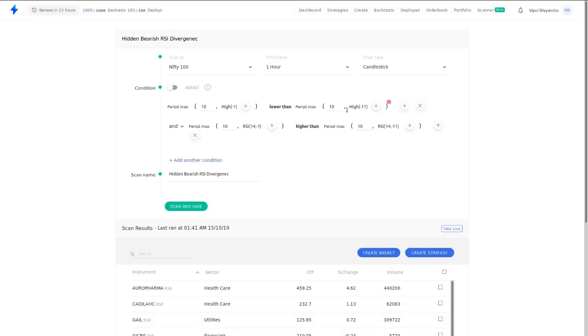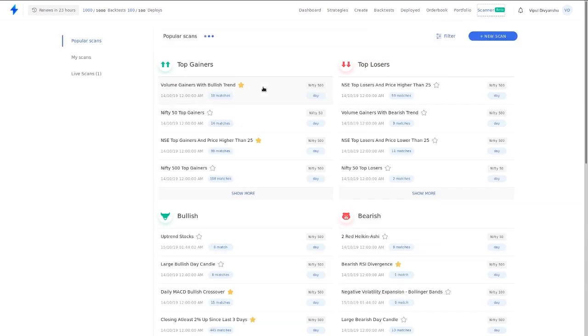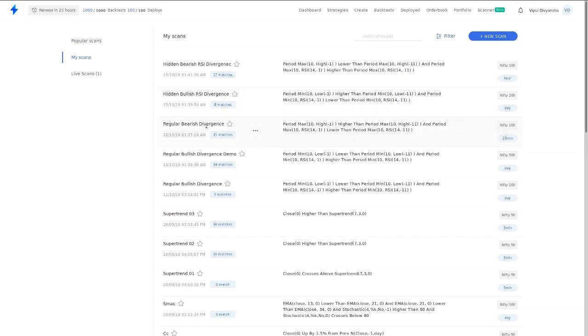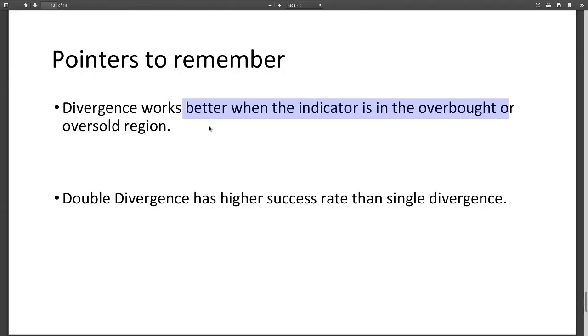If you remember, we looked at a chart for some stock where the divergence was formed when RSI was above 70, sorry, where the higher high or the lower high which is formed is above 70, and at that point of time, if it is indicating a bearish trend, then it works much better than when it is in a non-overbought or oversold region. So this is something you can keep in mind when you are identifying divergence.